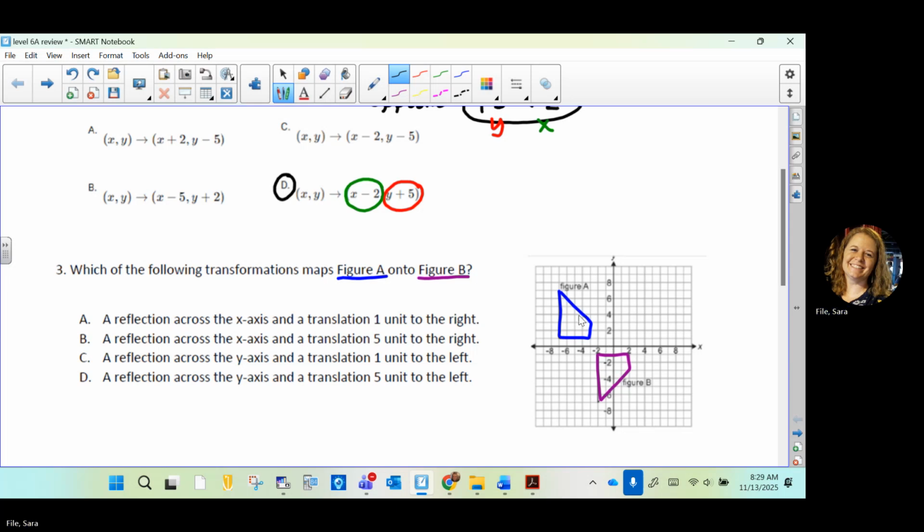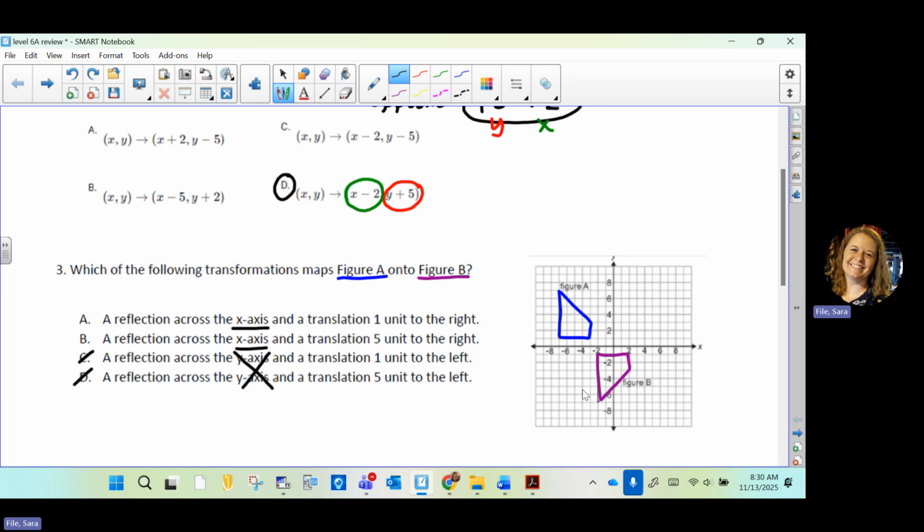If I were to reflect this over the y-axis, if I flipped it to the right, that top pointy corner would be on the right side, up, right? Y'all agree? That's not what this image looks like. So we are not flipping it over the y-axis. So C and D are immediately out. Just the orientation should tell you this is flipped upside down, not to the side.